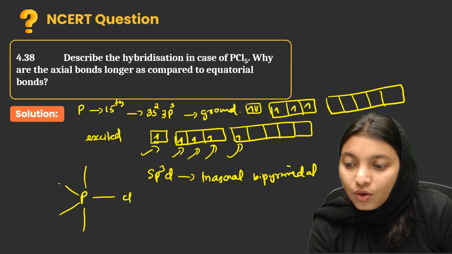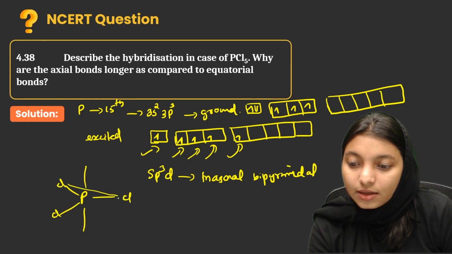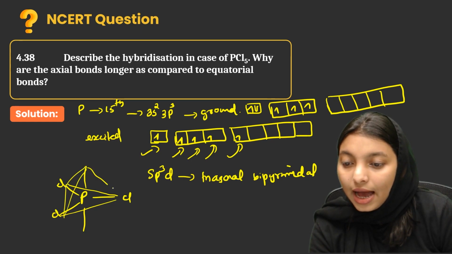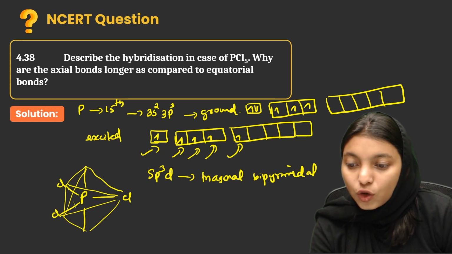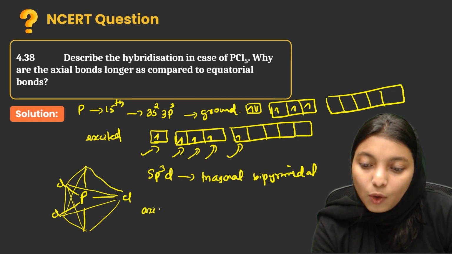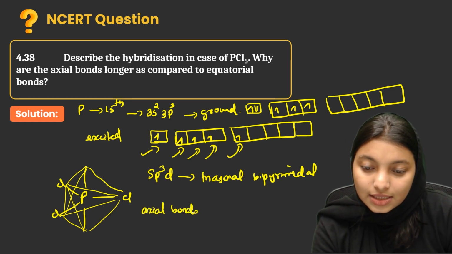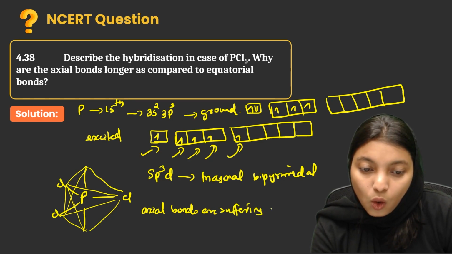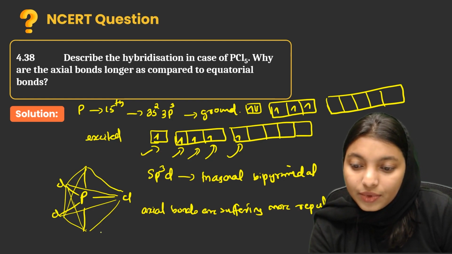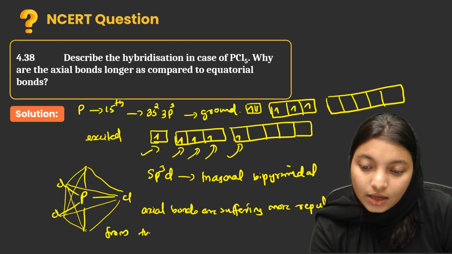Their shape will be like this. Here we have the equatorial bonds: 3 equatorial bonds and 2 axial bonds. So here you can see the axial bonds are suffering more repulsion from the equatorial bonds.